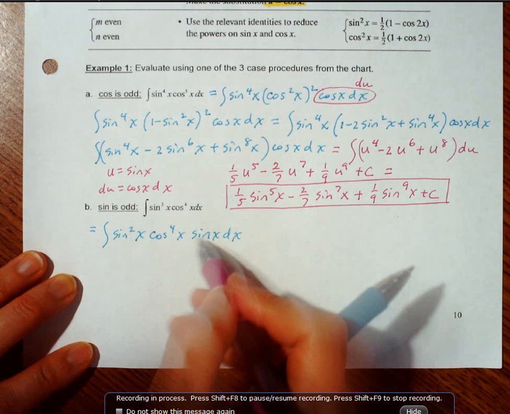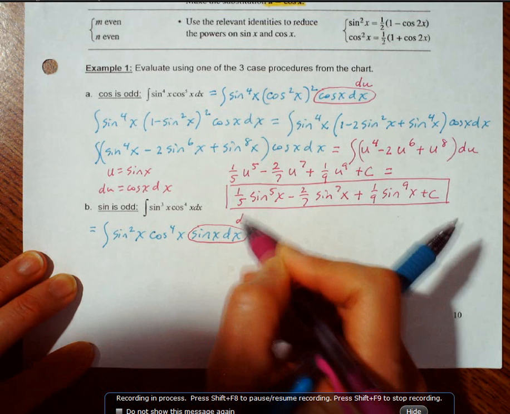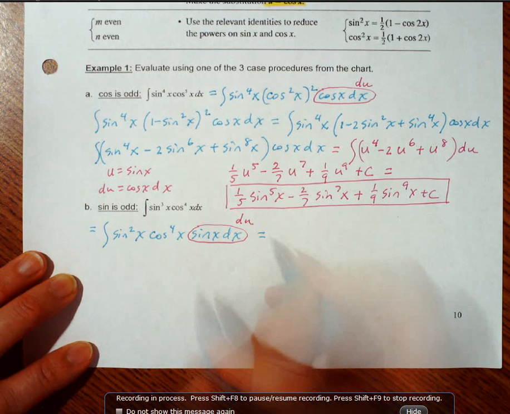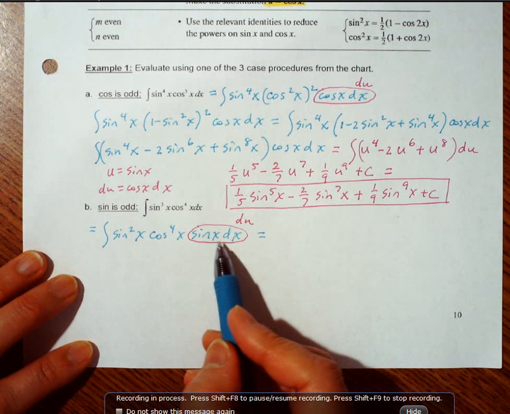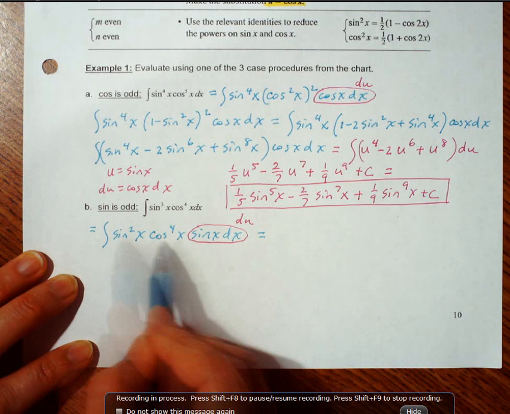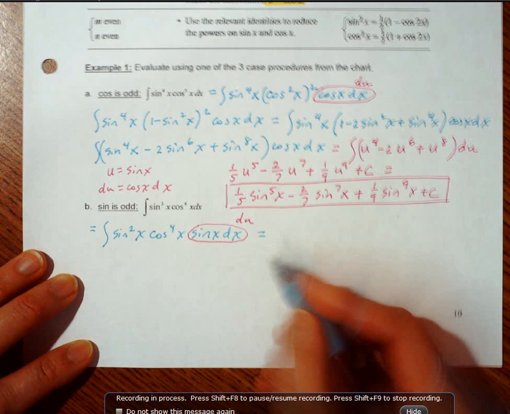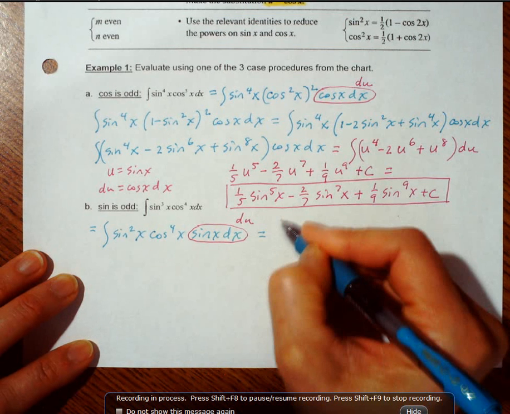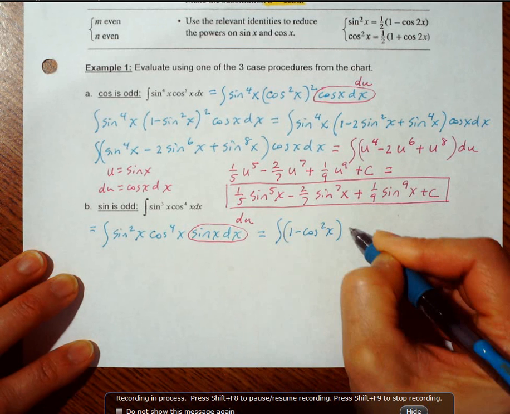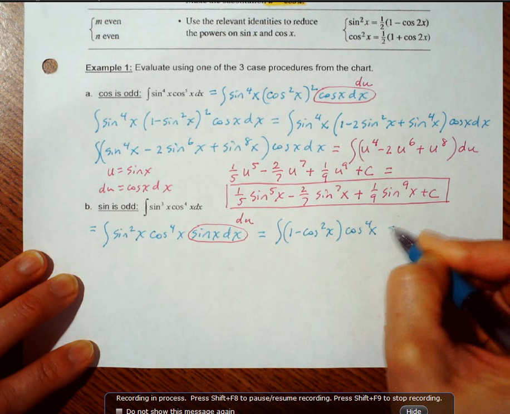This sine x dx will eventually become my du. I'm going to keep the cosine to the 4th x, and change the sine squared x to 1 minus cosine squared x. So it'll be the integral of 1 minus cosine squared x times cosine to the 4th x times sine of x dx.